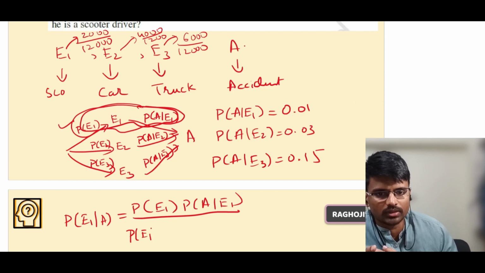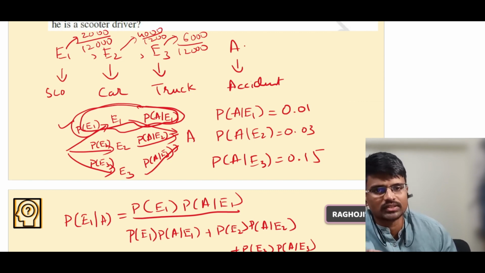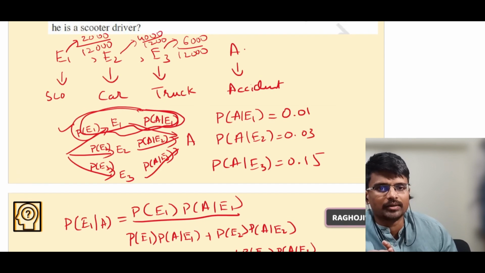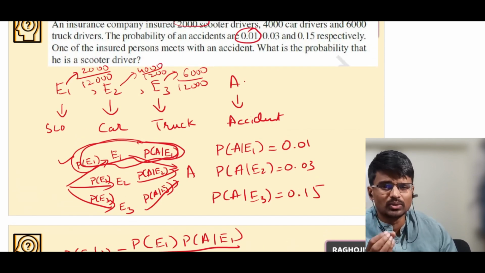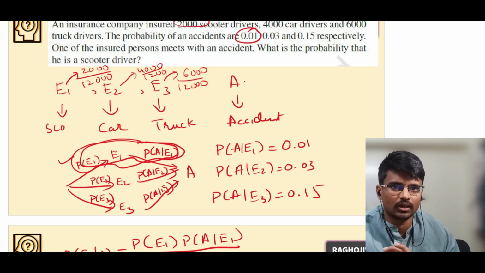So I'll get P of E1, P of A when E1 has occurred, P of E2, probability of A when E2 has occurred, plus probability of E3, probability of A when E3 has occurred. So you just have to put it in the formula and you will get the answer. That's it. So using the diagram, we can solve the question in a much quicker way.